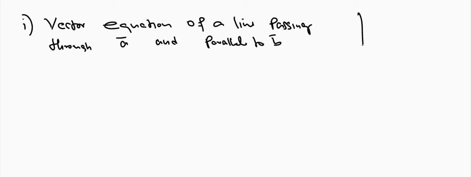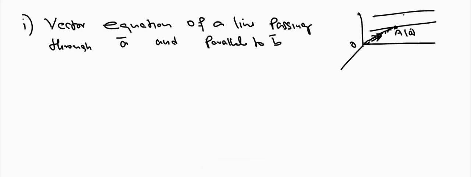This a vector is a point from the origin. We describe this as a vector, that is, the position vector of A is a vector, OA vector equals a vector, and the line is parallel to b vector.